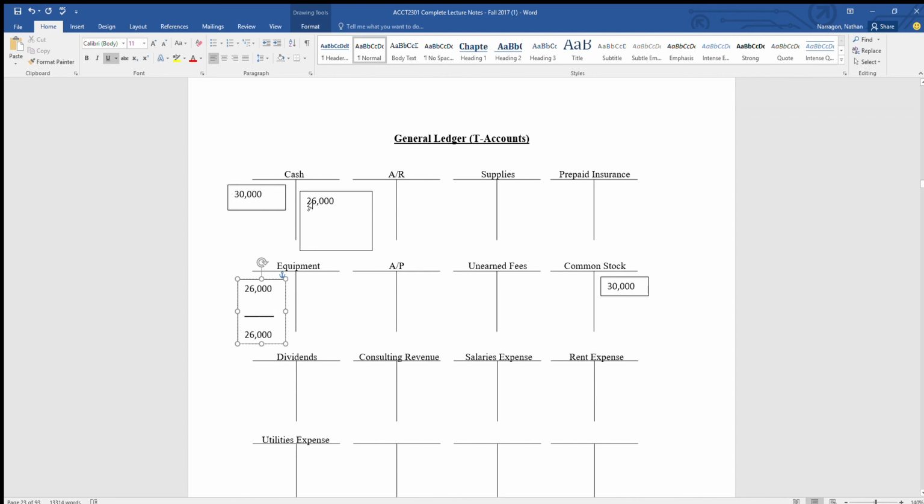So here, if these were the only two that I had, I would have drawn a line right here, and I would have done the total. $30,000 minus $2,600 is still $4,000.